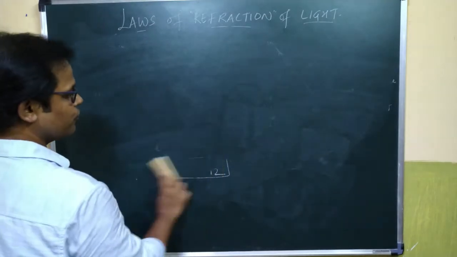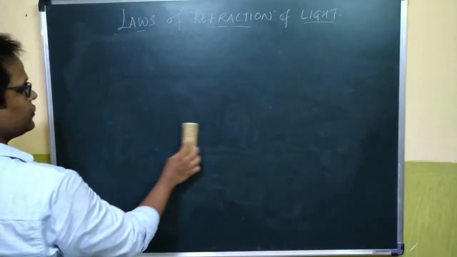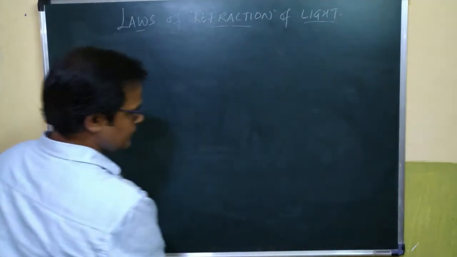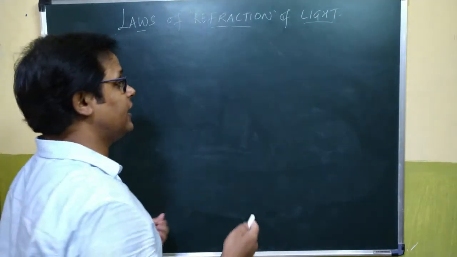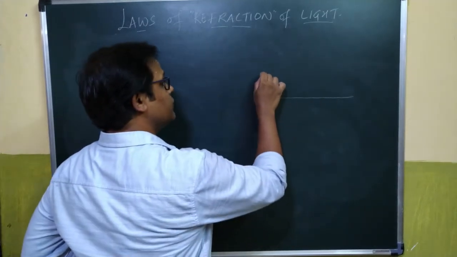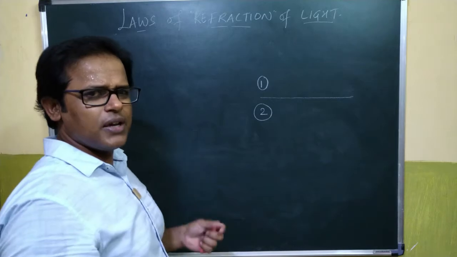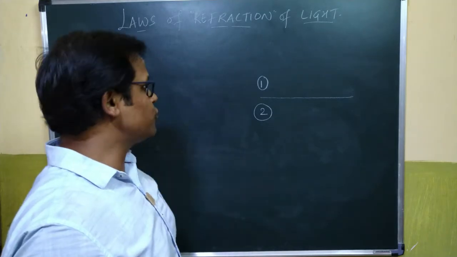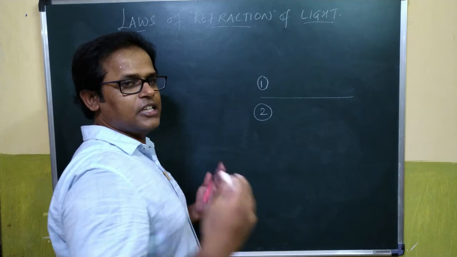We would like to move forward with this concept. What is this refractive index talking about? If this is your medium 1 or this is your medium 2, some students tend to get confused about which one is exactly medium 1 or medium 2. My dear, the idea is very simple.